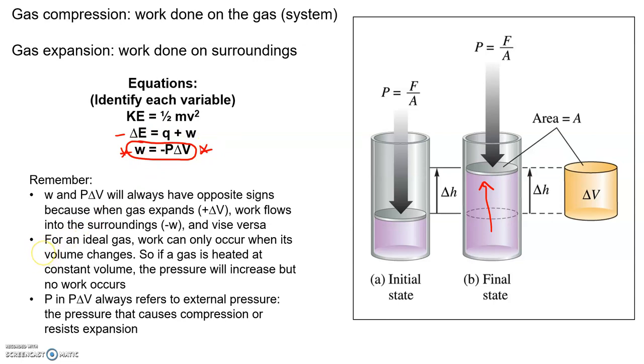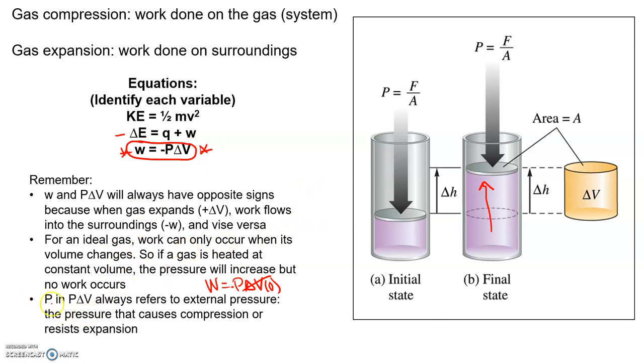And so if a gas is heated at a constant volume, then the pressure is going to increase, but no work occurs because if you have this equation, negative P delta V, and it tells you that you are at a constant volume, that means delta V is equal to 0, and we know 0 times anything is going to be 0. And so if you have no change in volume, so a constant volume, no work is being done.